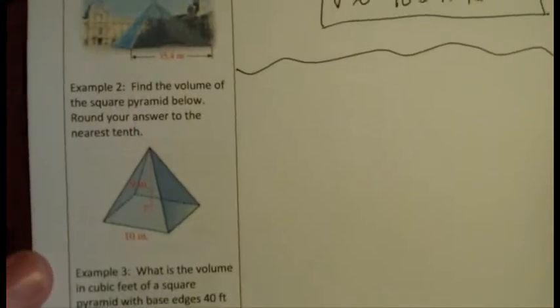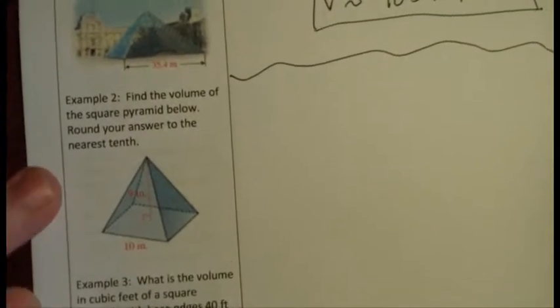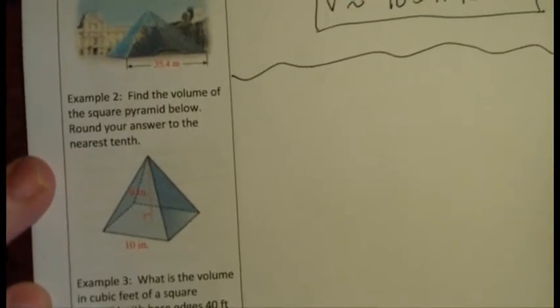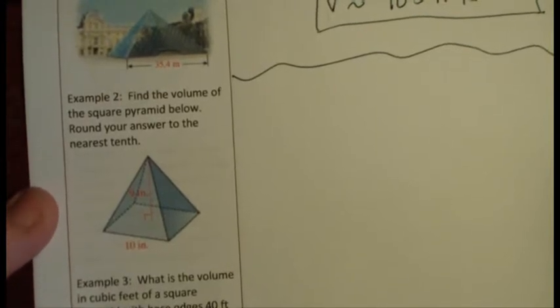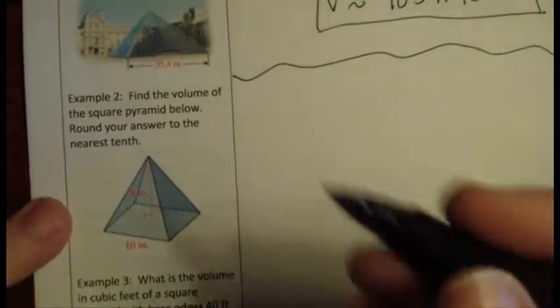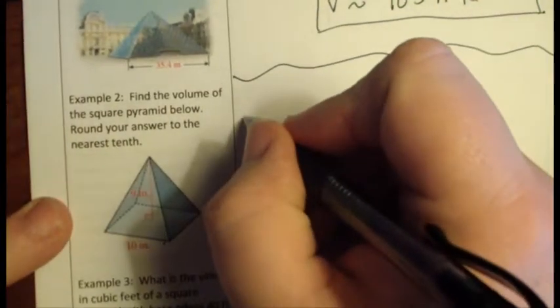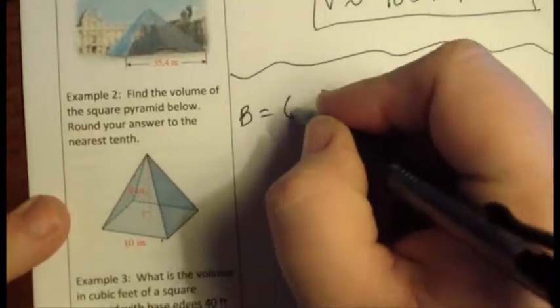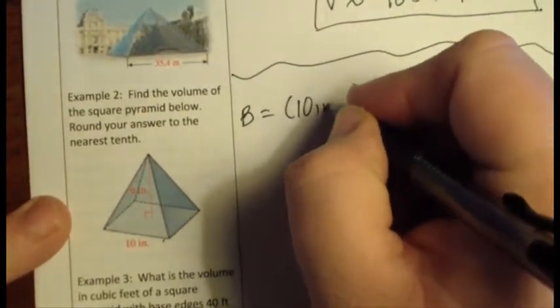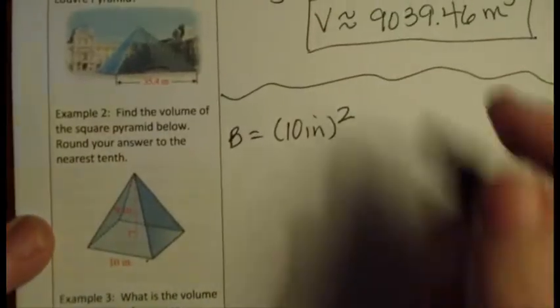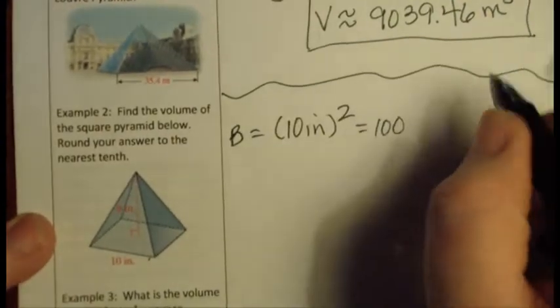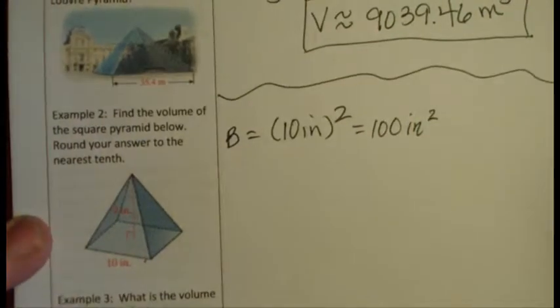Example 2. Find the volume of the square pyramid below. Round your answer to the nearest tenth. All right, so again, we've got ourselves a square base. So our base area is side length squared, so 10 inches squared, which is 100 square inches.